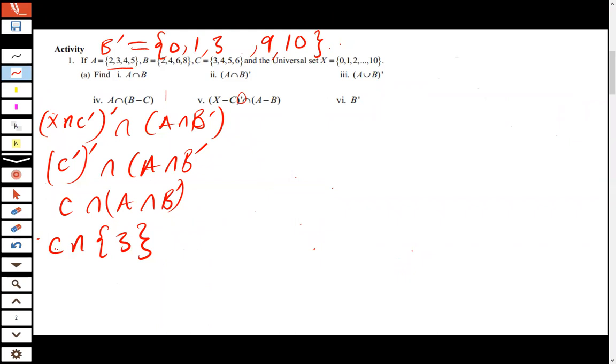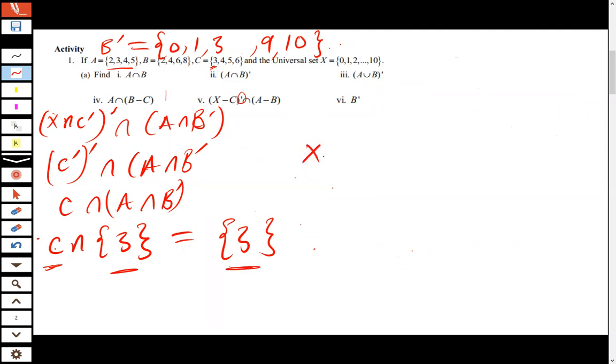Then we intersect C and 3 again. We see if we have 3 in C. Yeah, so C intersection A intersection B complement will just give us 3, because 3 is common in this set and in set C. So 3 is common.